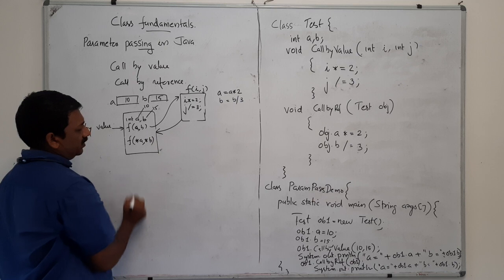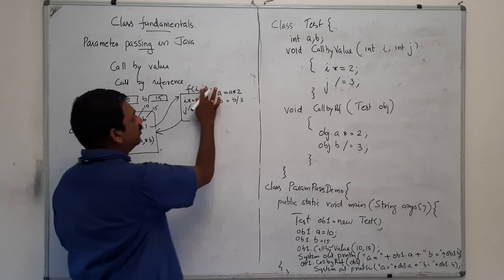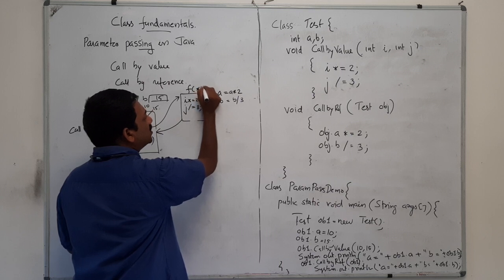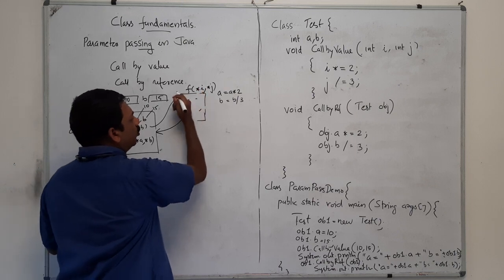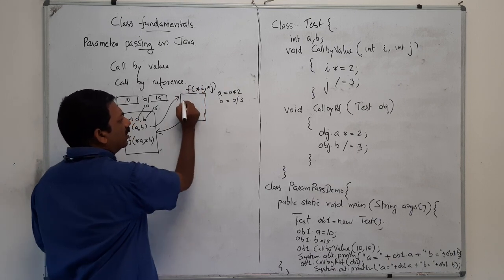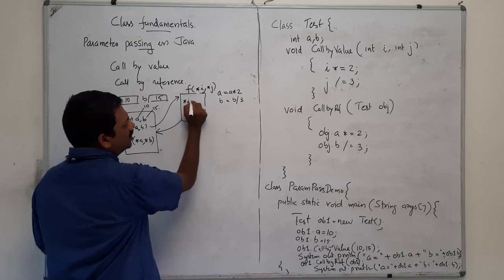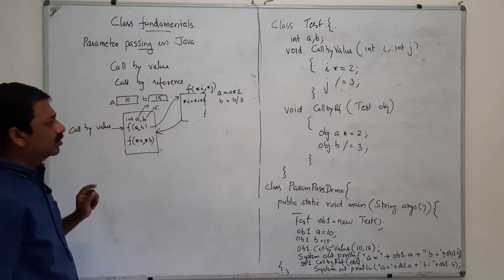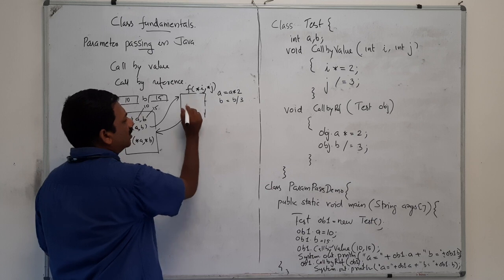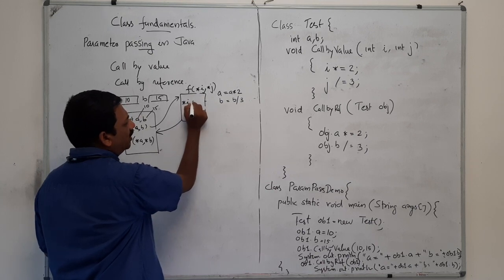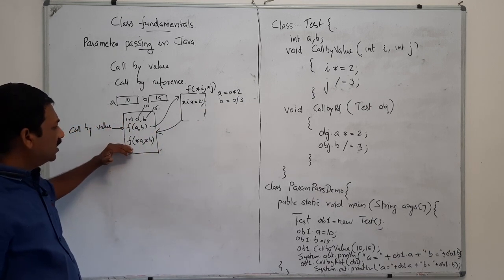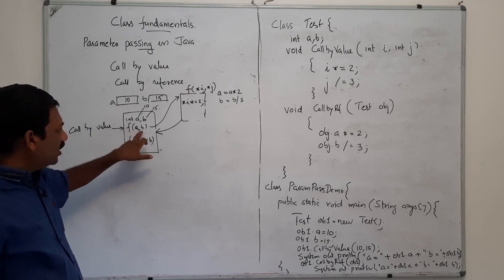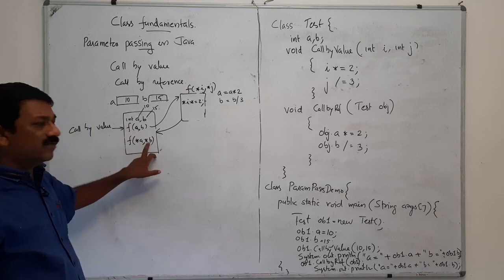Then the method signature may be like f of star I, star j, and here the content of I is equal to content of I star 2. That is, if you write I star equal to 2, then instead of passing the values you are passing these references or pointers.